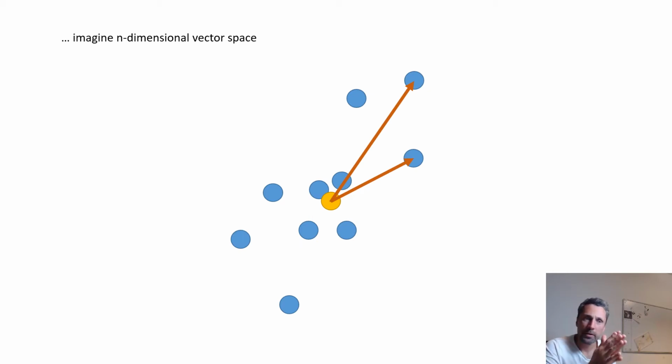Imagine we have an n-dimensional space, and we have vectors in that space, and this is our center here. We could compare these vectors by using the dot product. Think of the dot product as the projection onto one of those two directions. Remember, one of those needs to be normalized to length 1.